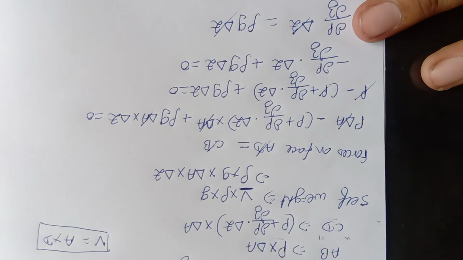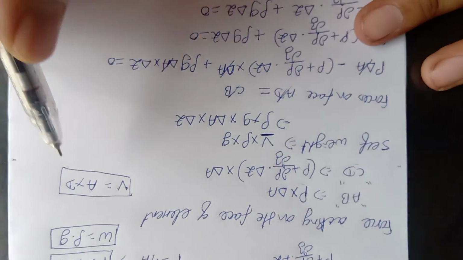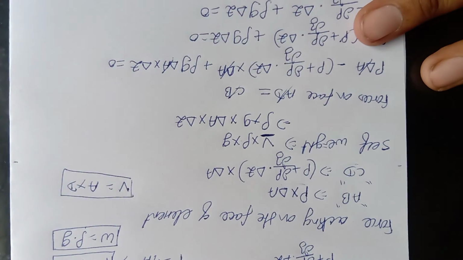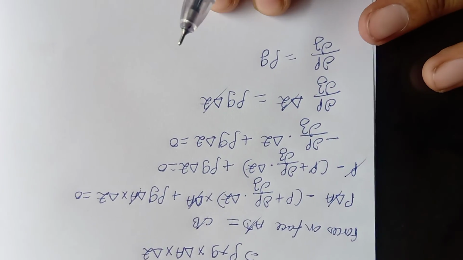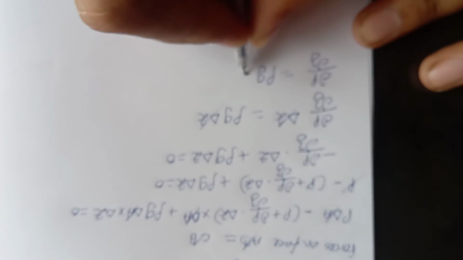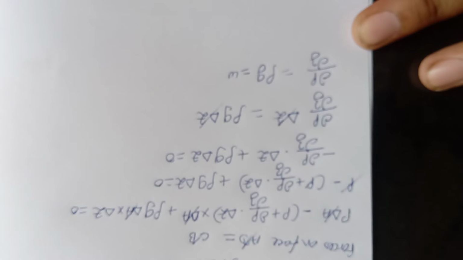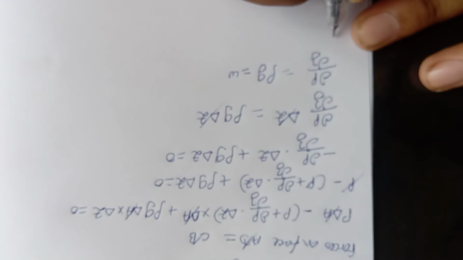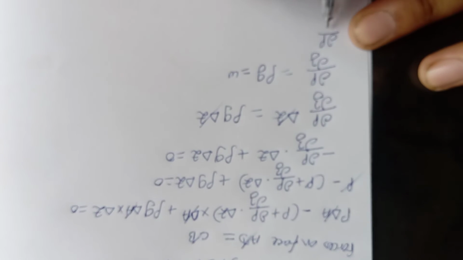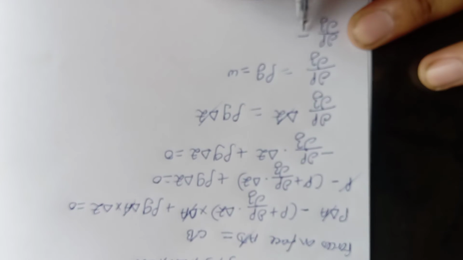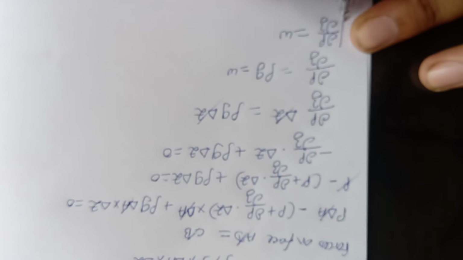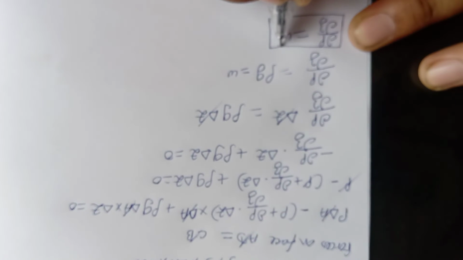Rho G is equal to W. So finally we can say that dou P by dou Z is equal to W. This is what we call hydrostatic pressure or hydrostatic force.